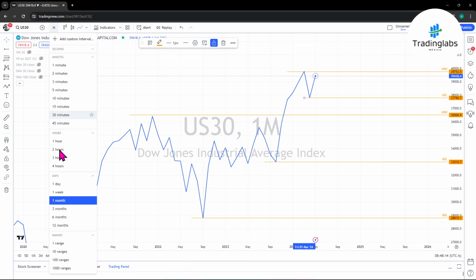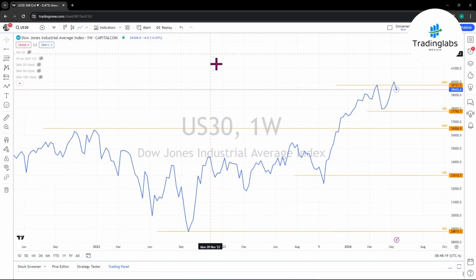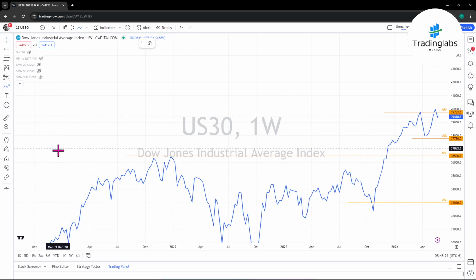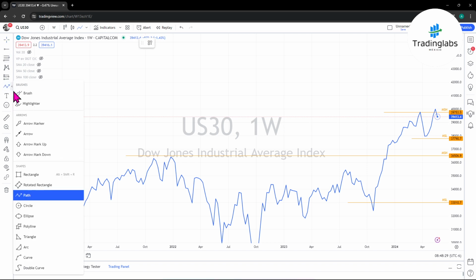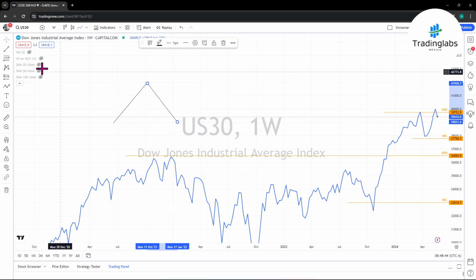Then we go to 1 week. In order to make a support and resistance, it has to make this thing. Hold on. We have to make a support and resistance like this one: a swing high, swing low.